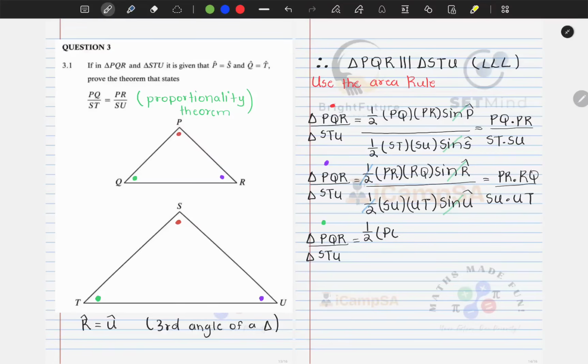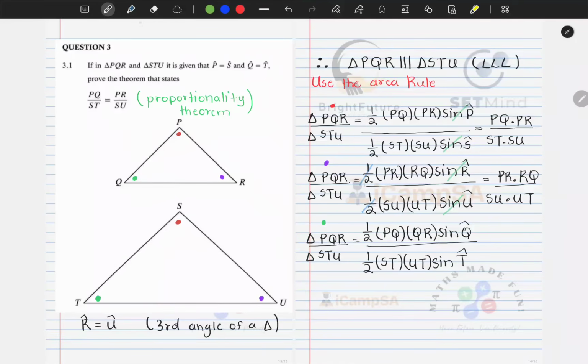We'll have PQ and then times QR and then sine of angle Q. And this will be divided by half of ST, if you observe carefully, times our UT and then sine of angle T.